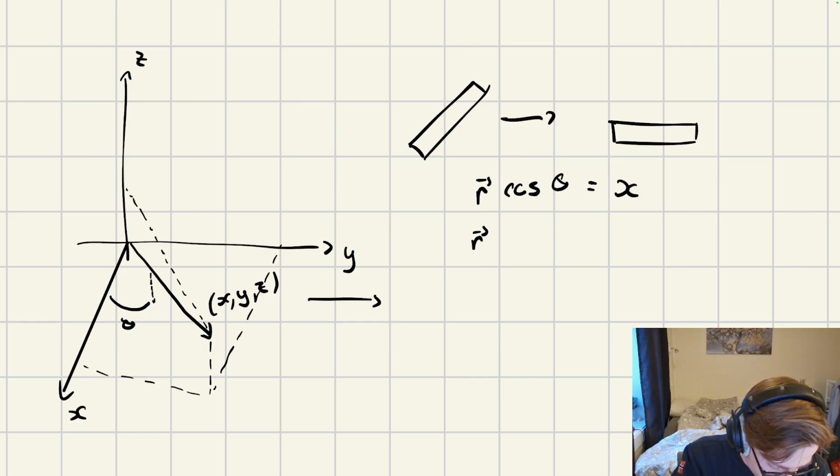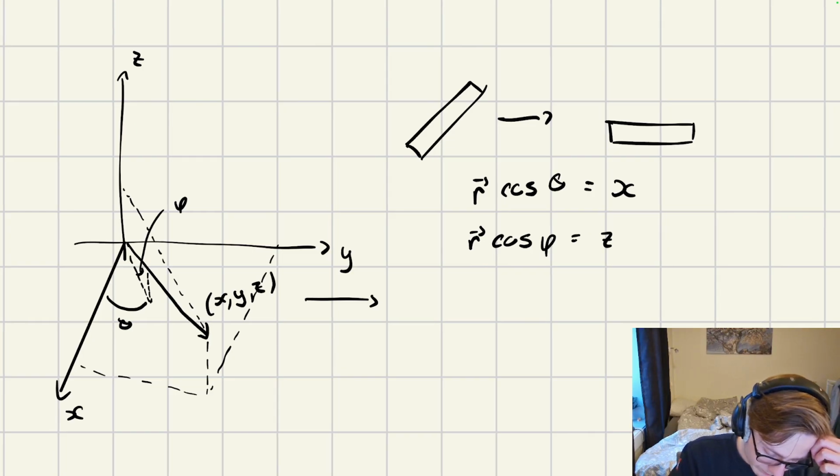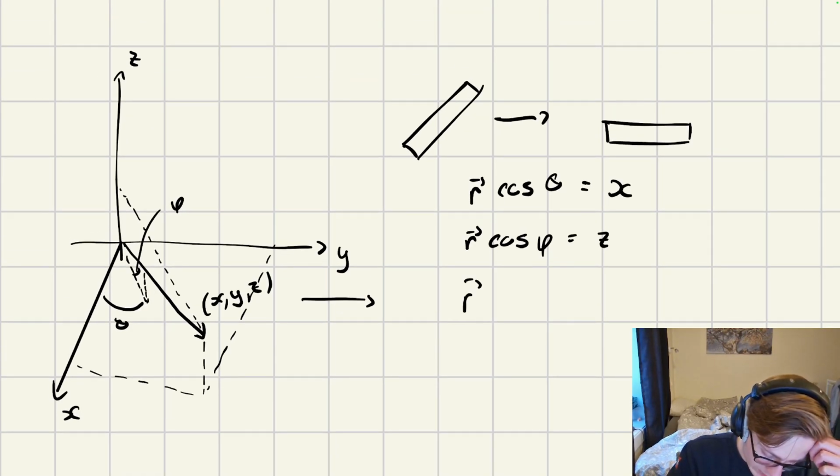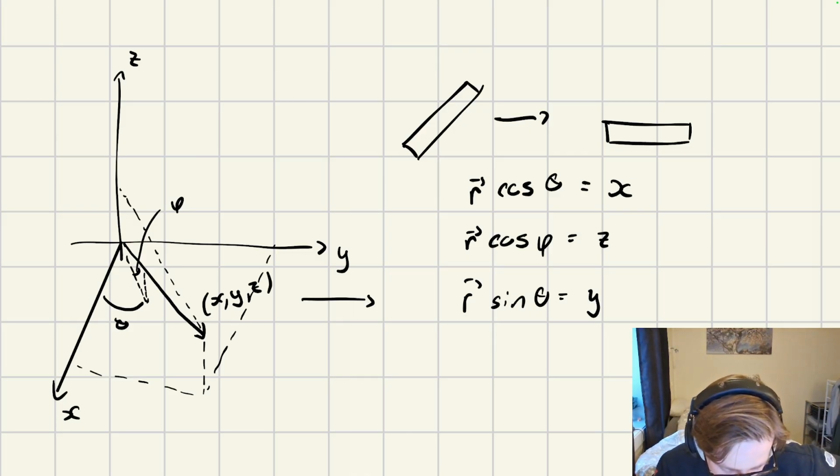Let's see here. We'll have this angle, such that cosine should give us z. And then we have our sine theta would give us y. Yes, I think this is correct.